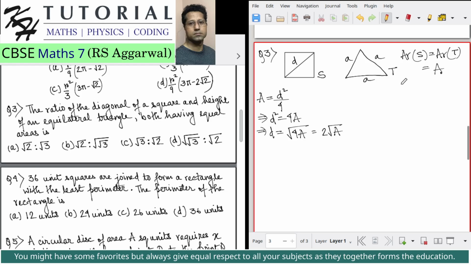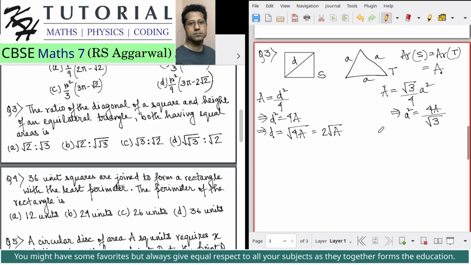Now for the triangle, we know that for an equilateral triangle where the length of each side is a, the area A is equal to square root of 3 divided by 4 a square. From here we have to find the height of the equilateral triangle. So a square is equal to 4A by square root of 3.